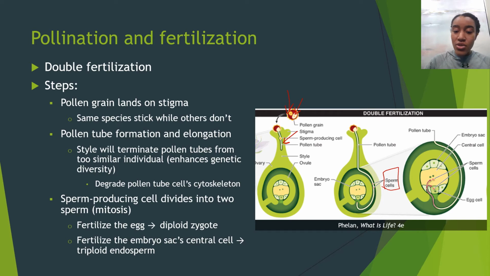Once they get close to the ovule, they will enter the ovule, and one of those sperm cells will fertilize the egg to make a diploid zygote, and the other sperm cell will fertilize the central cell, and that will become the triploid endosperm.